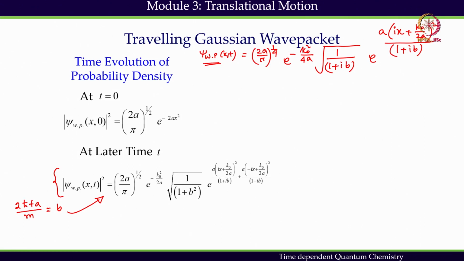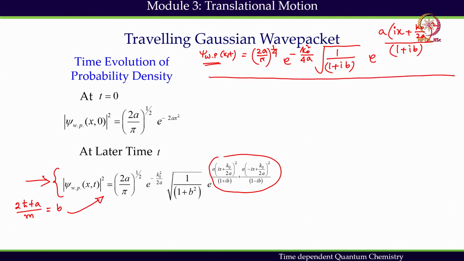And once we get this density, we can rewrite this expression for the density as follows. We will rewrite this part. This part we have to simplify here, and we will follow this simplification.